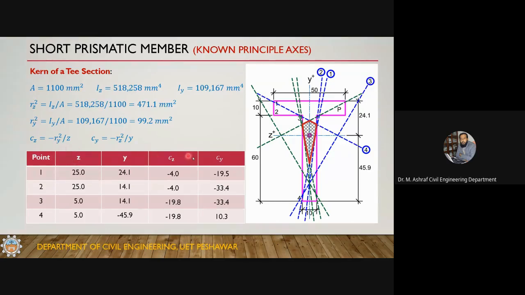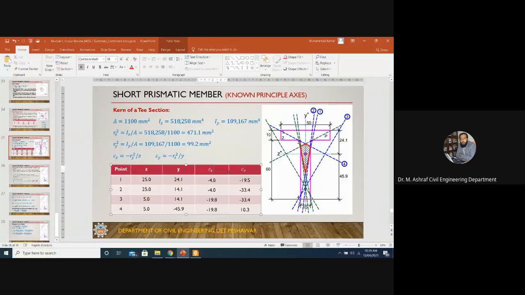Now this is the formula. Cz is equal to minus Ry square divided by Z, which is 99.2 divided by Z. This is equal to minus 471.1.